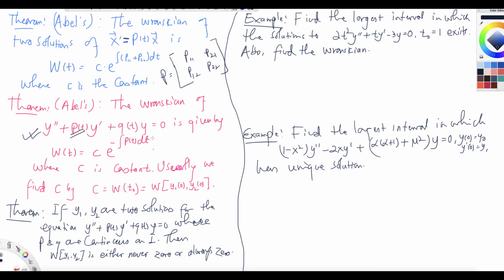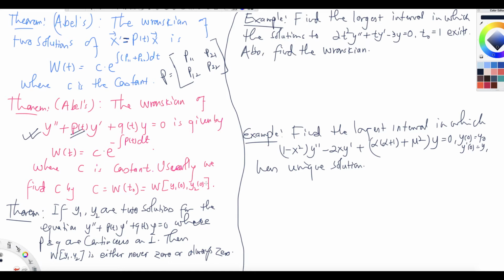It is kind of similar to the integrating factor, but the integrating factor was for the first order linear ODE, and this is a second order linear ODE. C is a constant. Usually to find C, you evaluate the Wronskian at t0, so C equals the Wronskian at t0, which is the same as W at y1(t0) and y2(t0).